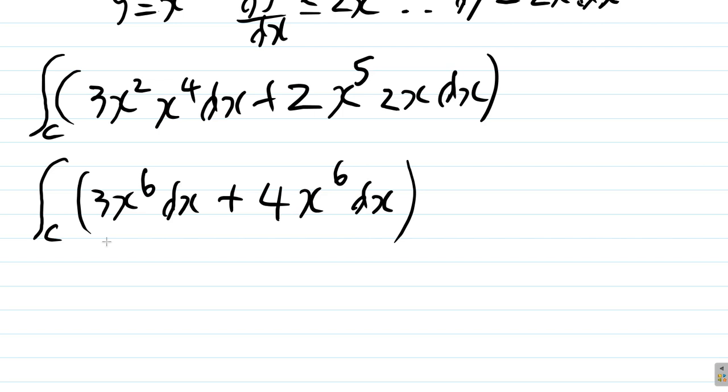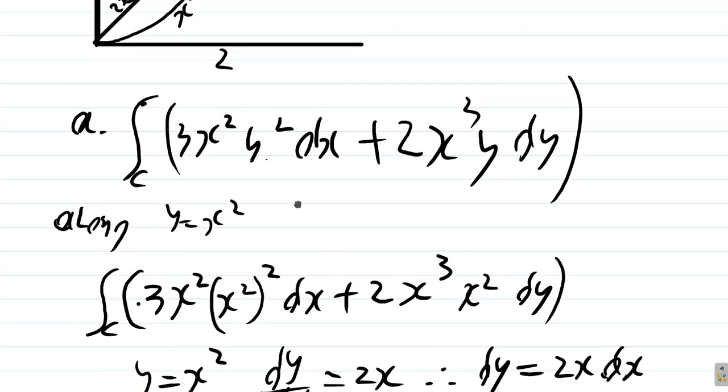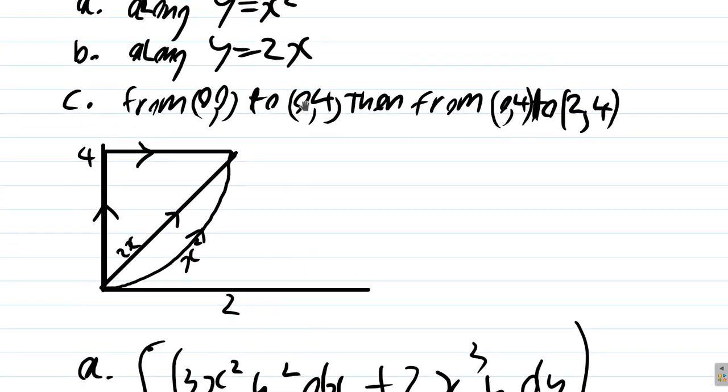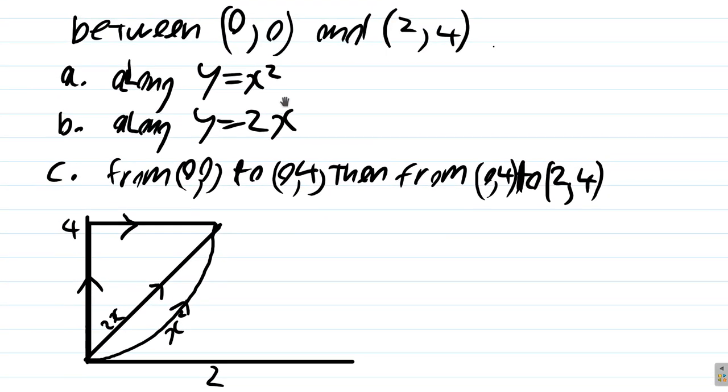Alright, so what we really have here is the integral along the curve of 3x to the 6 plus 4x to the 6, which is 7x to the 6 dx. Right, so it's well condensed. Now, since we're moving along x, the first x was 0 and the other x is 2.